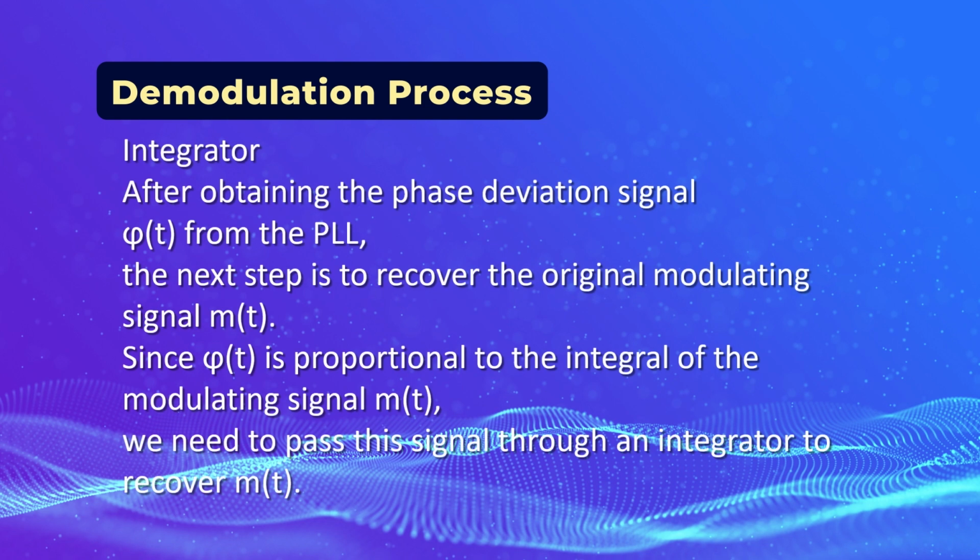Now, the integrator: after obtaining the phase derivative signal phi of t from the PLL, the next step is to recover the original modulating signal m of t. Since phi of t is proportional to the integral of the modulating signal m of t, we need to pass this signal through an integrator to recover m of t.